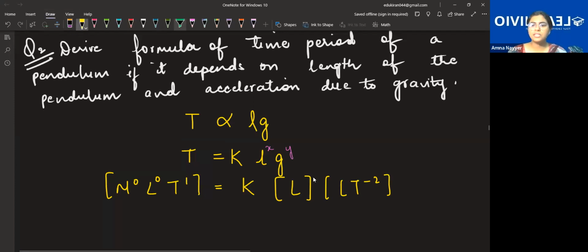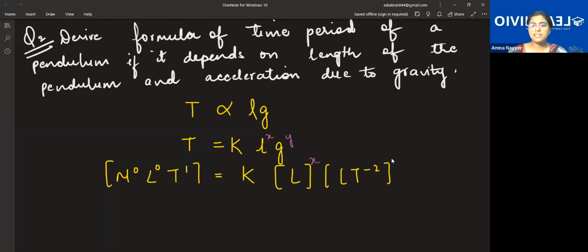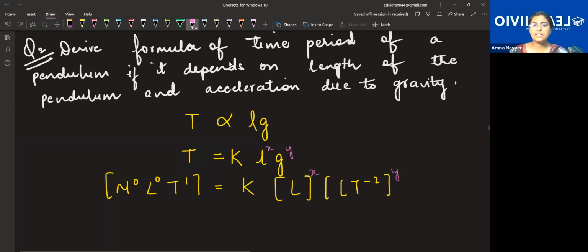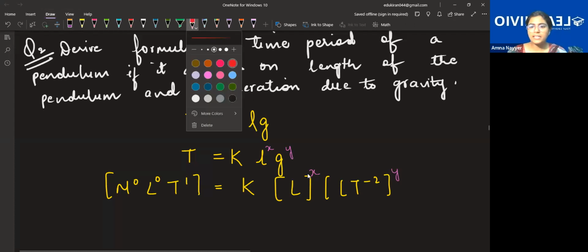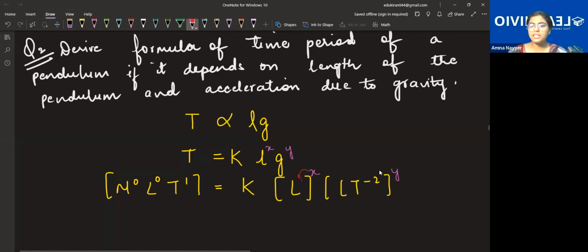We have the power here as x, and this entire power is y. So the next task is to multiply x with this power 1, y with this power 1, and y with this power minus 2.